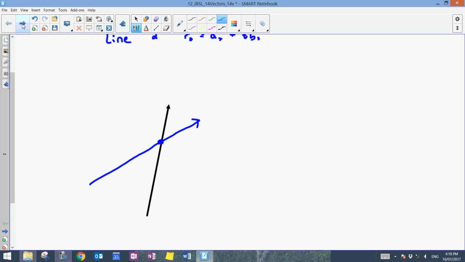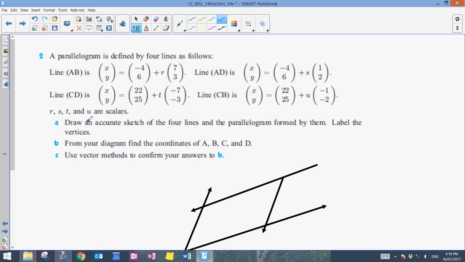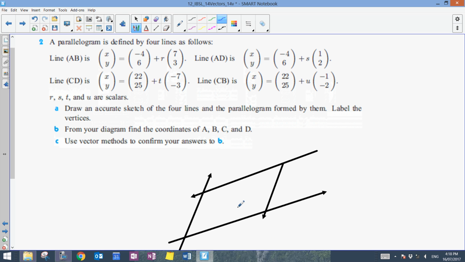Looking at this example question 2, you have a parallelogram given to you with these 4 different lines. Our first job is to figure out realistically where these lines would go. We have this point A at -4, 6, because that's where AB and AD both start.